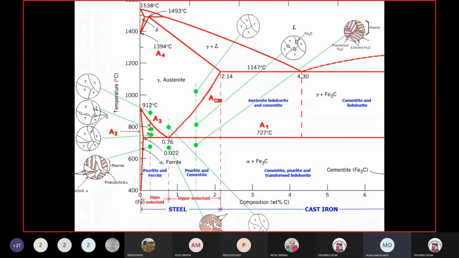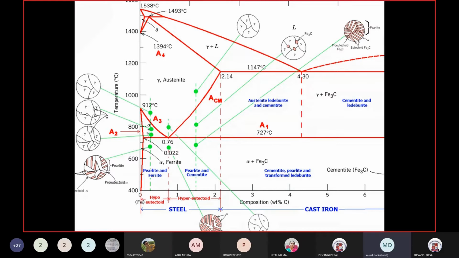On the upper portion they have mentioned 2.14 and sketched a dotted red line. Up to that region is the steel region. Normally some books mention up to 2%. So from 0 to 2% carbon in iron is termed as steel.